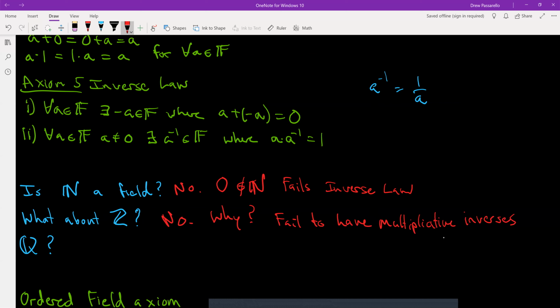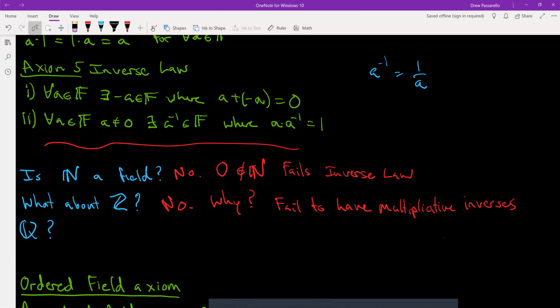That's just this part of axiom 5. We don't have that. Now the rationals, Q, is that a field? And yes, it follows all of the axioms.